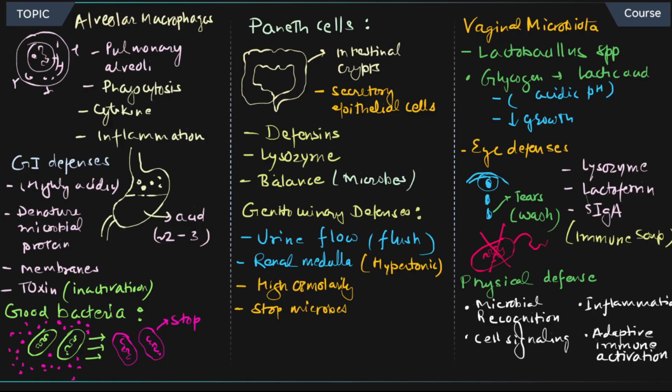You can imagine so many things are happening, right? And this is the overview of the physical system. We have covered most of the important aspects of the physical system, and in our future videos we'll be covering other important detailed aspects of innate immunity, and then we'll have a complete course on the immune system.